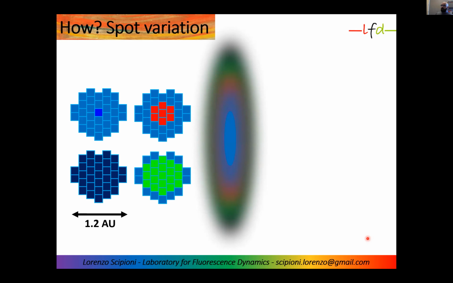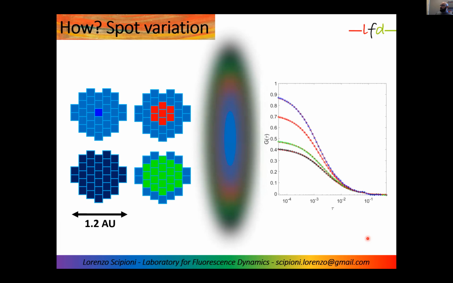This will give you the higher resolution, so the smaller illumination volume. You can see that the FCS curves obtained from smaller and smaller volumes have G0 increasing, meaning that you are measuring fewer molecules, and this is due to the shrinking of this illumination volume. So this is what we want to achieve.